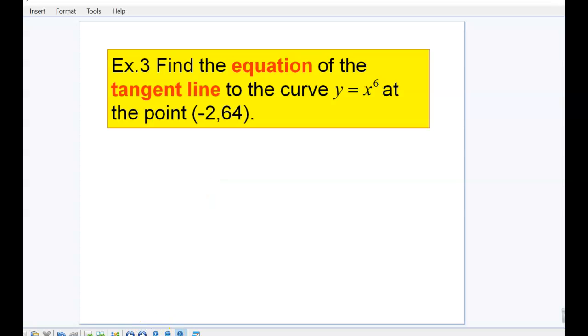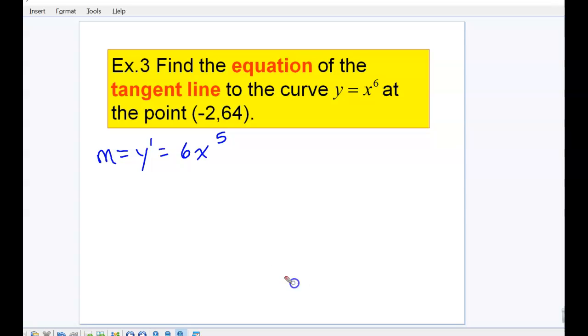All right, in this next example, we're asked to find the equation of a tangent line to the curve y equals x to the 6th at the point -2, 64. And if you recall, to find the equation of a tangent line, you need both slope and point. So the first thing I'm going to do is calculate the slope, and the slope is really the derivative. The derivative is going to be 6x to the 5th.